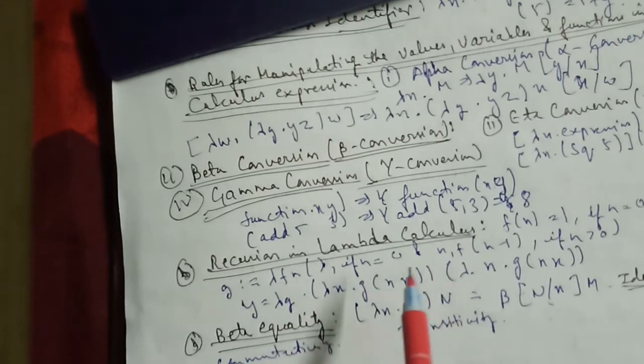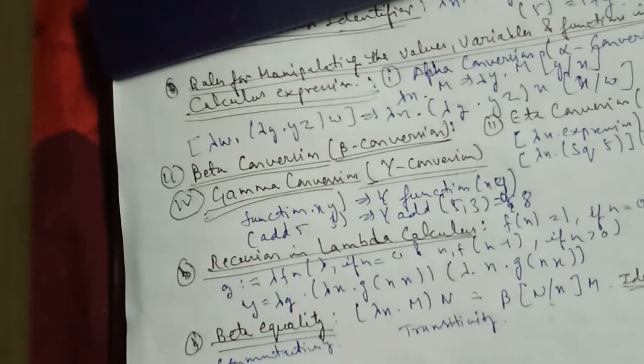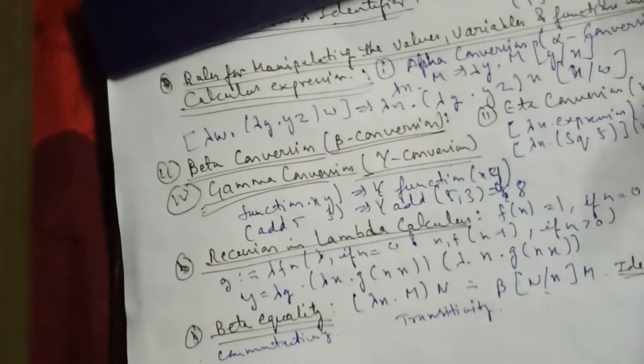With the help of the axioms and rules for beta equality, you have to prove that S I I equals beta lambda z dot z z.